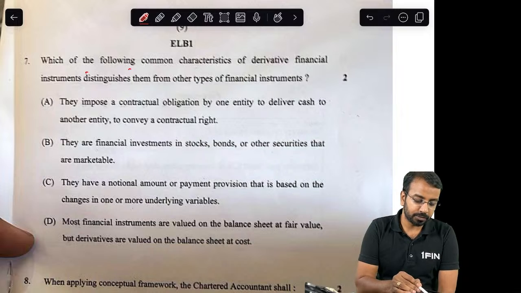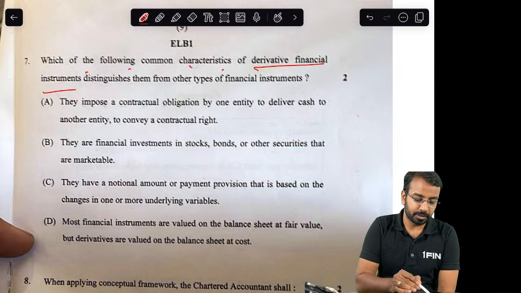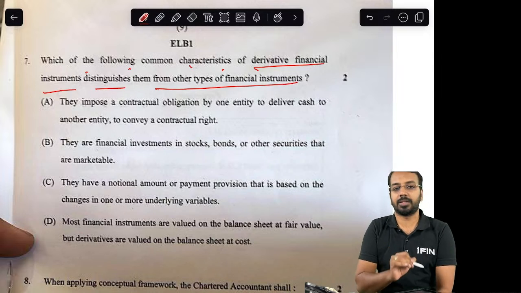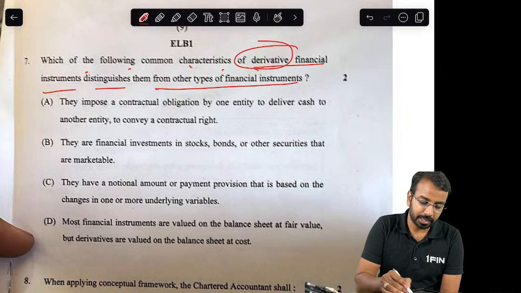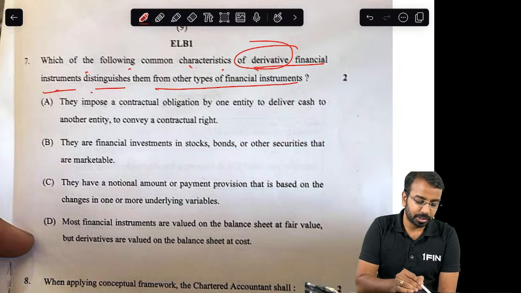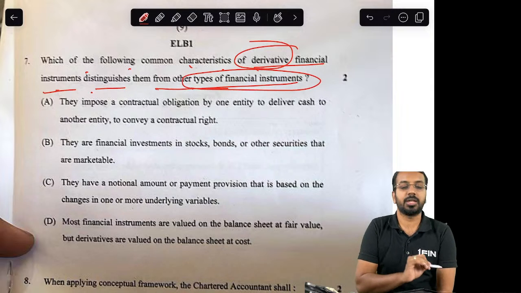Then, which of the following common characteristics of derivative financial instrument distinguishes them from other financial instrument? Now here they have asked about a derivative financial instrument, which distinguishes them from other types of financial instrument.